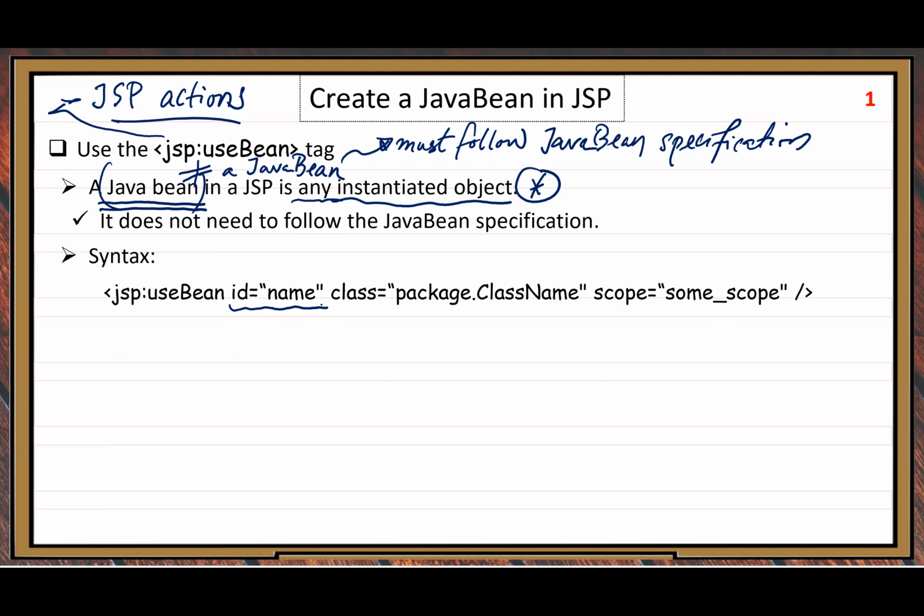You need to give a reference name for your bean, because later you need to use this name to refer to this bean. Then the class of your bean, containing the package, so the container can find this class easily.